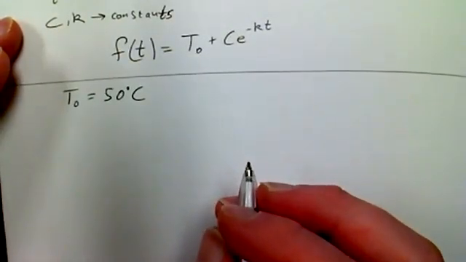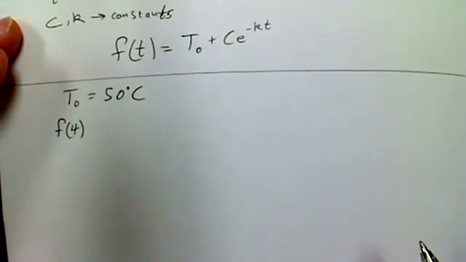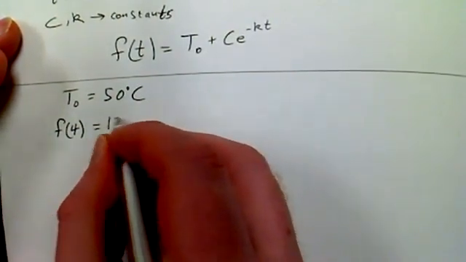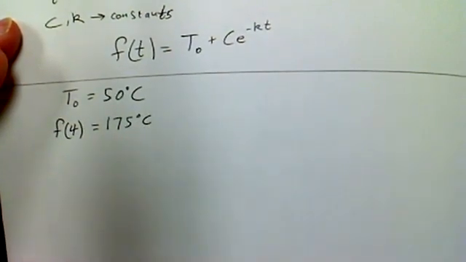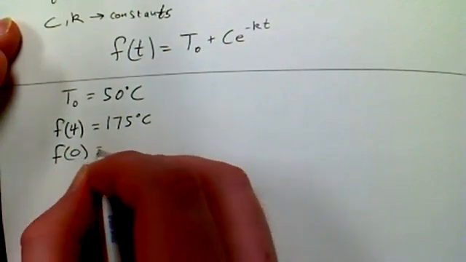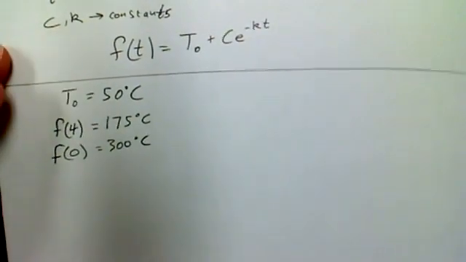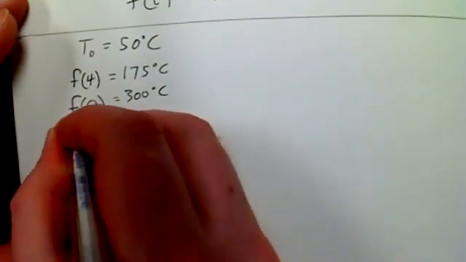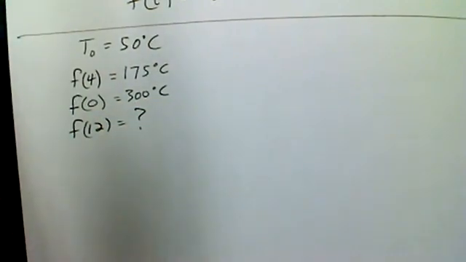I know that F of 4, at 4 minutes, the temperature of the metal is 175 degrees Celsius. I also know, even though this may seem redundant, that F of 0 is 300 degrees Celsius. Finally, what I want to know is F of 12. What is the function value?